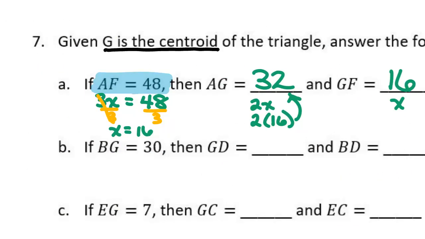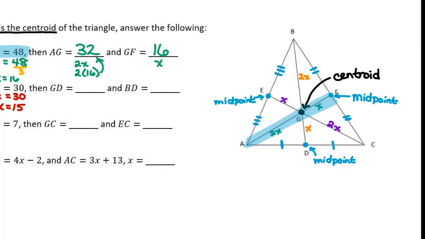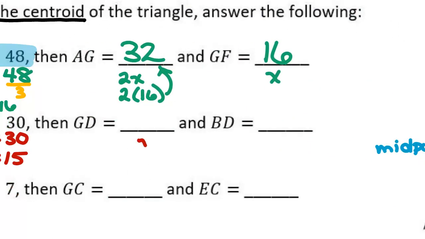So that means 2X equals 30. Well, if 2X is 30, how much is X? 15, yes. So if X is 15, how big is GD down here? X, and so that would be how much? 15.